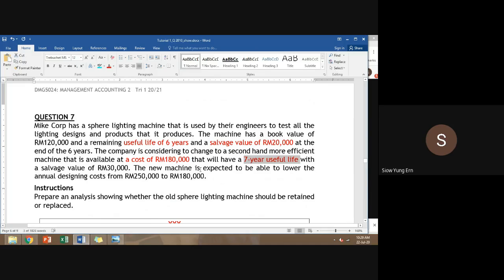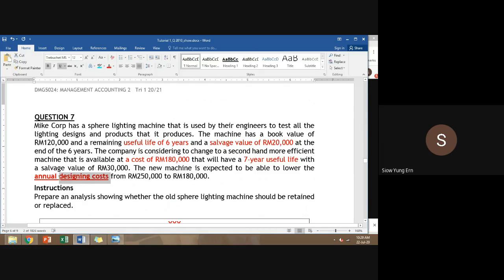The new machine is expected to be able to lower the annual designing cost. So this question, they gave you annual designing cost. So class, you should look at what the question gives you. If they give you operating costs, then you use operating costs. If they give you administrative costs, then you use administrative costs. But in this question, they gave you designing cost.